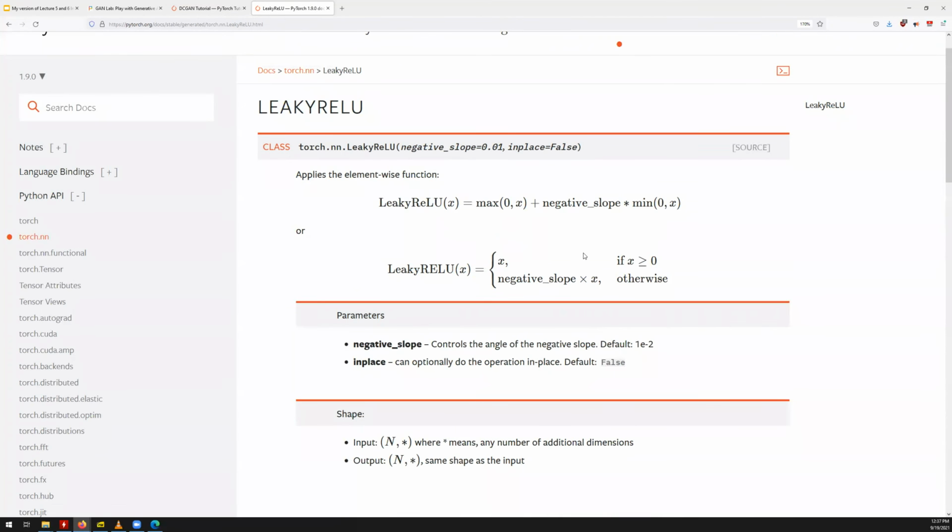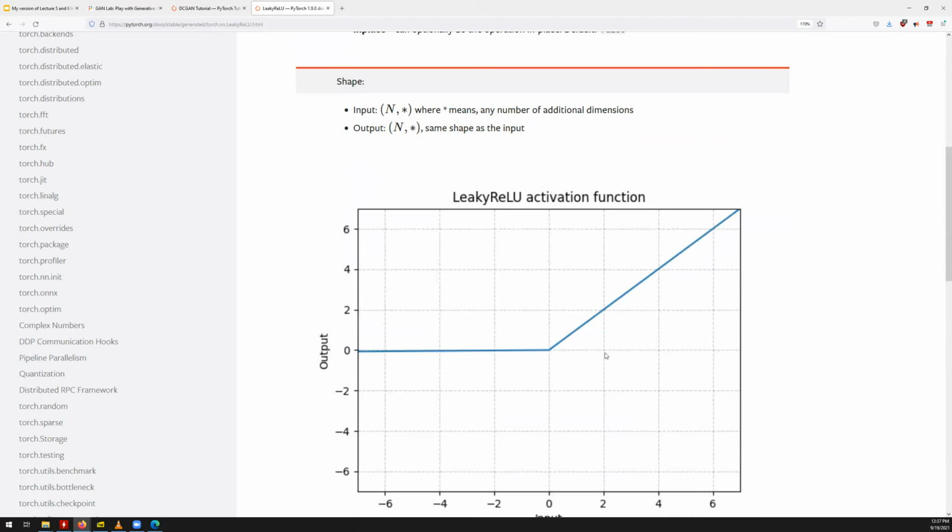ReLU has X, and otherwise it's 0, right? Otherwise this part is 0 in ReLU. But in leaky ReLU, it's some negative slope times the X. Here's a picture of it. You can barely see it. It's a little bit curved, so that it's slightly leaky. I guess that's where the leak is. If it was ReLU, it would just touch 0 here, but it's slightly below.